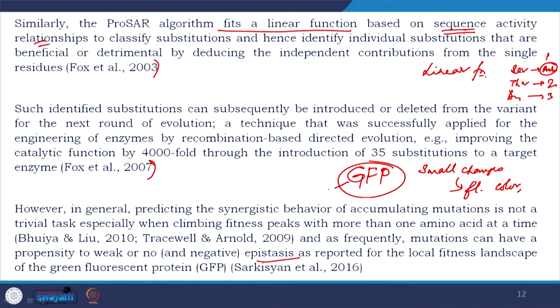So, a lot of work was done on GFP, and now if you see GFP, GFP was mostly popularized because of enhanced GFP.